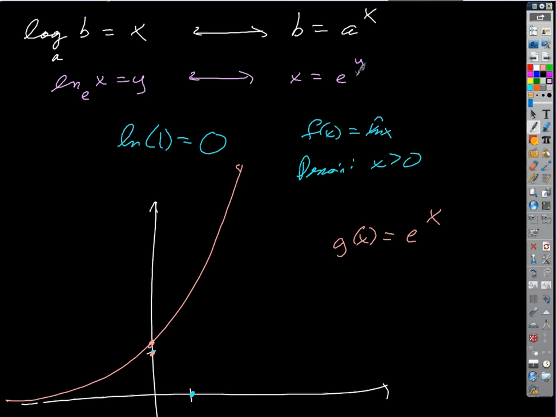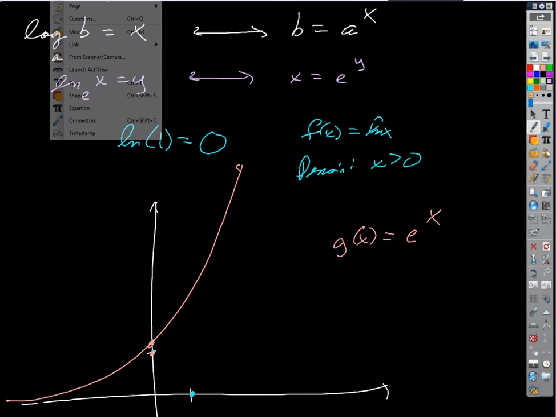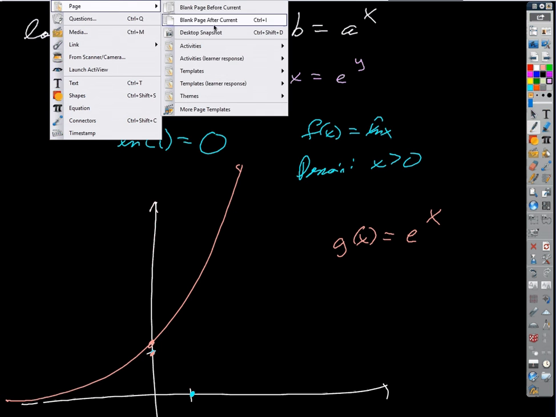Okay, so if I wanted to solve a log equation, what if I had the natural log of 2x equals 4? How could you solve that?